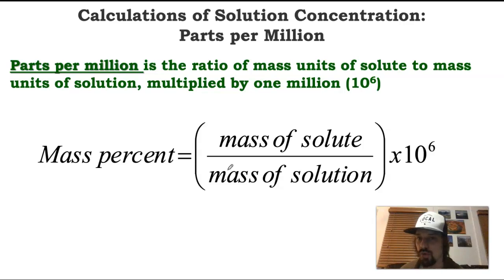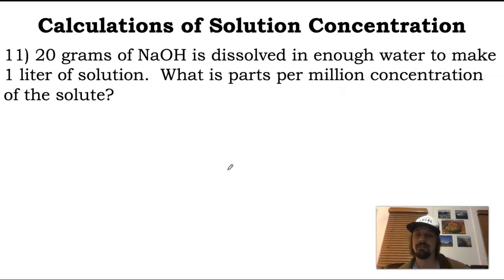It's the ratio of mass of solute per units of solution multiplied by 1,000,000. Typically this is used anytime you see things on climate or the environment, because hopefully there's a very small amount in a large solution. Like if I take a sample of water from a lake, hopefully there's a very small amount of pollution in it, so I'm going to communicate that very small amount in parts per million.